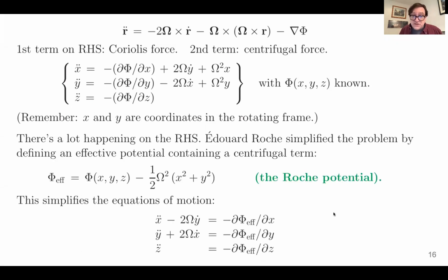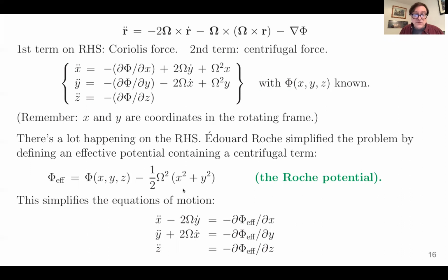Mathematically, Roche simplified the problem a bit by noticing that the centrifugal terms on the right-hand side can be written as the components of a gradient of a scalar function. So you can now define an effective potential that has both the gravitational potential and this other centrifugal potential.